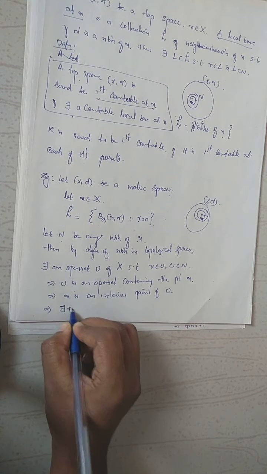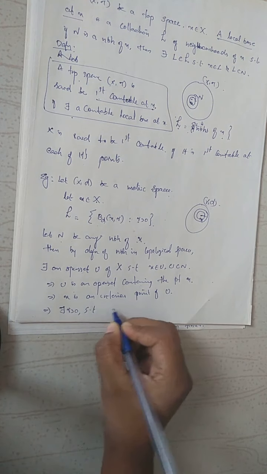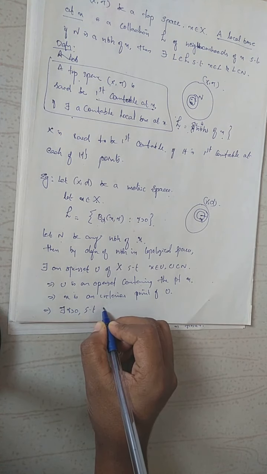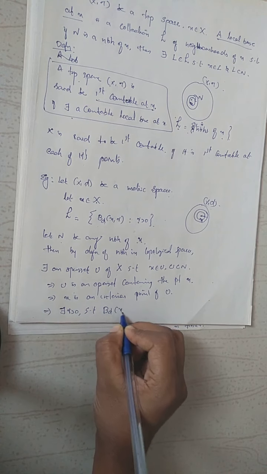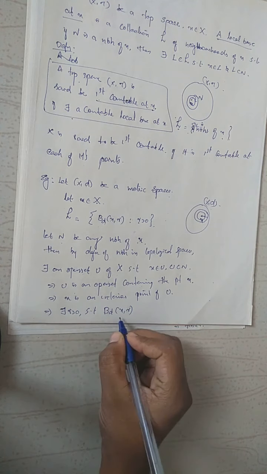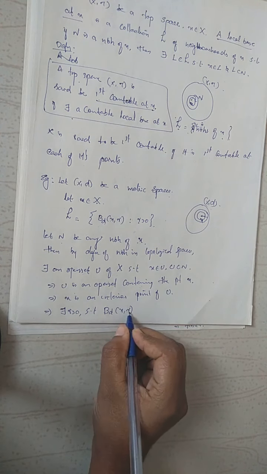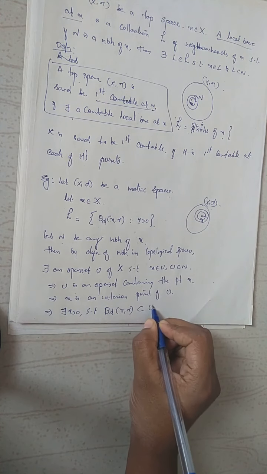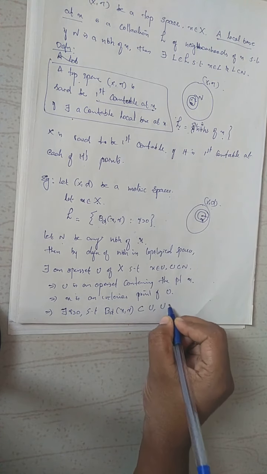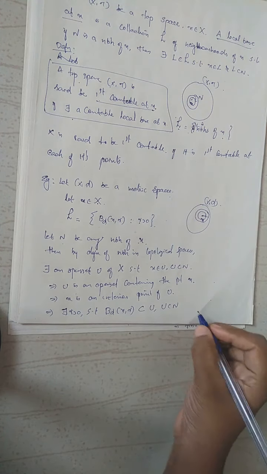That means there exists some r greater than 0 such that the open ball B_d(x, r), centered at x with radius r, is fully contained in U, and U is contained in N.